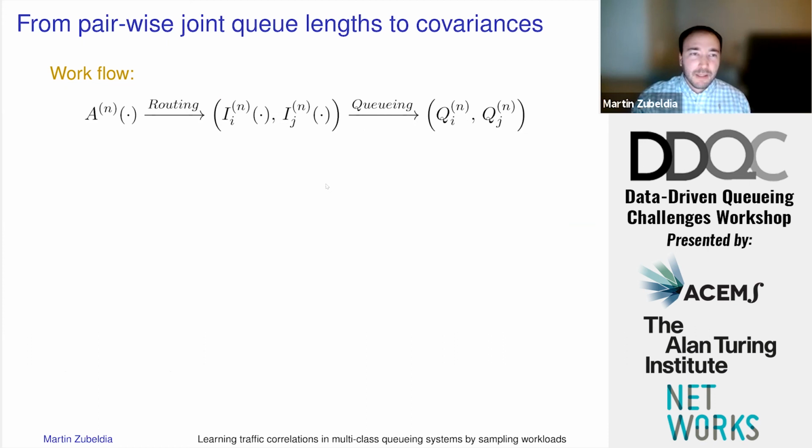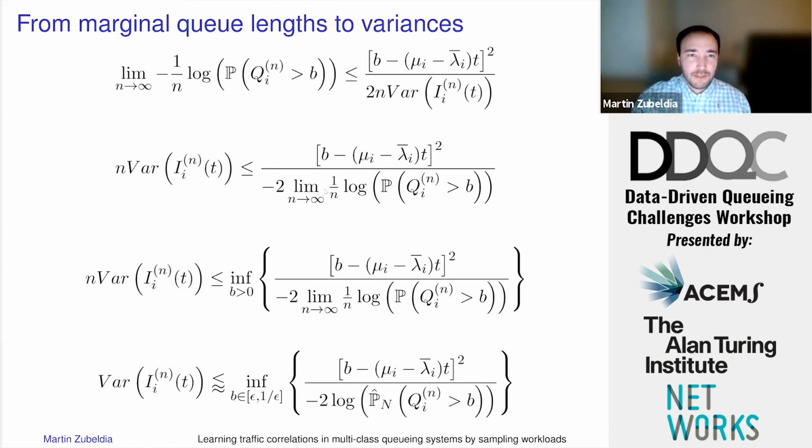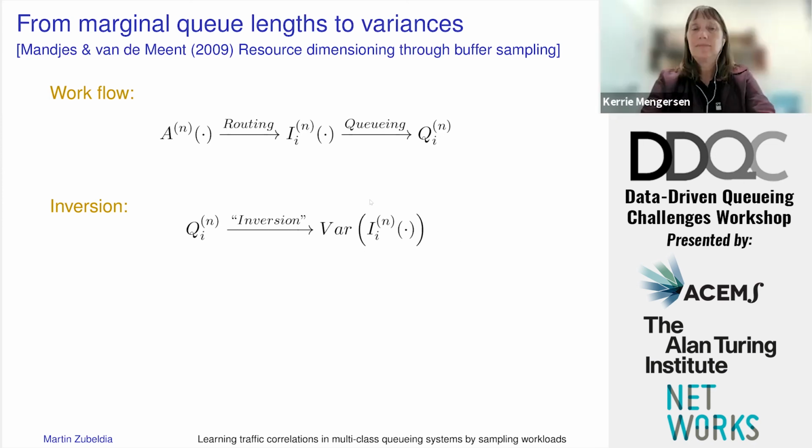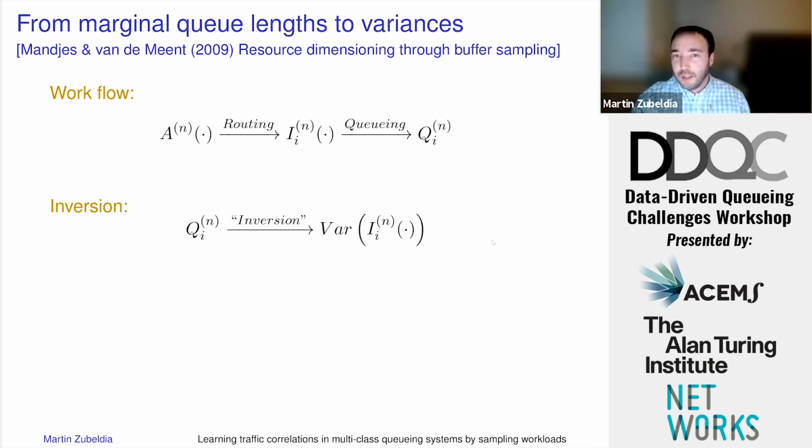The paper by Michel in 2009 actually explored what happens when you take, instead of Gaussian processes, the real processes, discrete packet level processes. And this inversion idea worked very well, even in those cases.